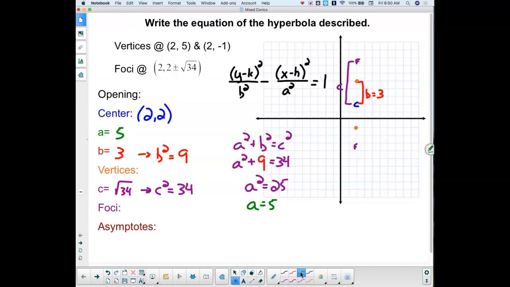Oh yeah. So it's going to be y minus 2 quantity squared all over 9 minus x minus 2 quantity squared all over 25 equals 1.